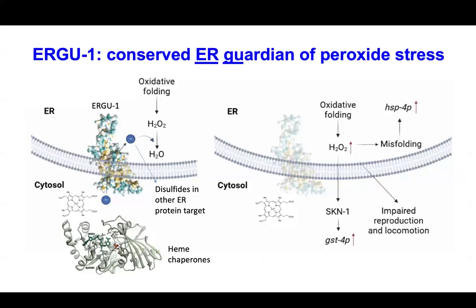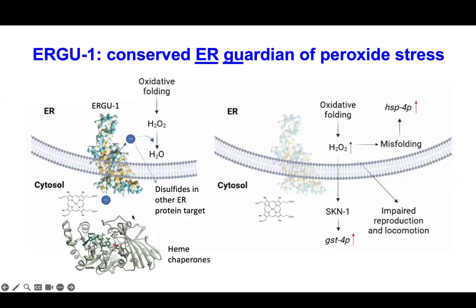And finally, this is a schematic of the model. We think this is an evolutionarily conserved ER membrane protein that guards against peroxide stress in eukaryotic cells, in animal cells. We showed the evidence from C. elegans and in the human cell.